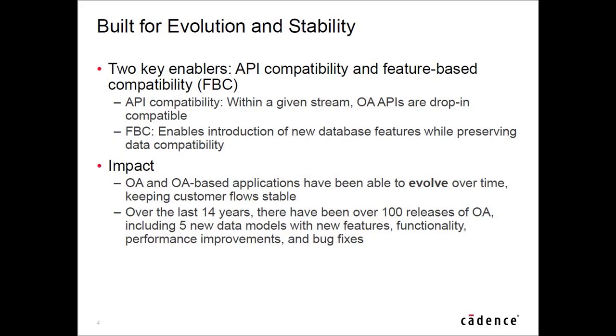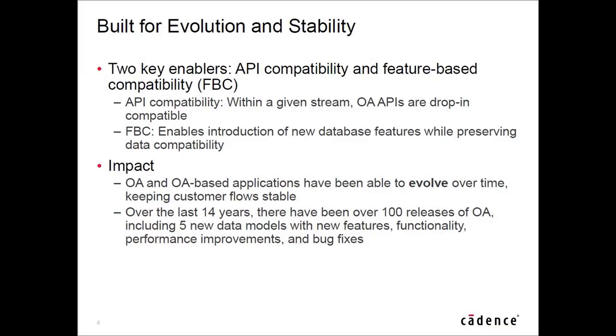That's really allowed older applications to continue to function in flows for longer because they can tell what data they are able to use and what data they're not able to use. Those two features, I think, have been critical to allowing OA to evolve over time and the applications based on them, so that the flows used by our customers can remain stable.